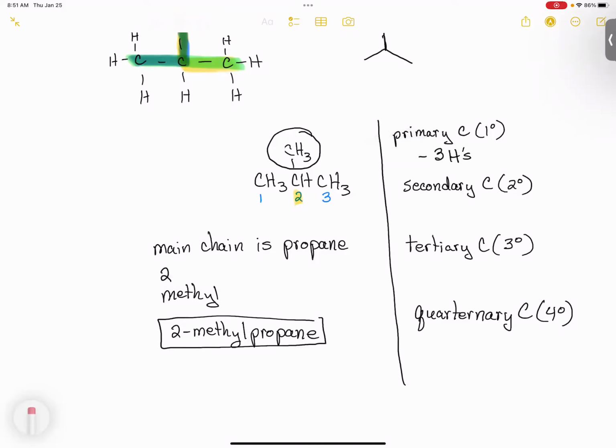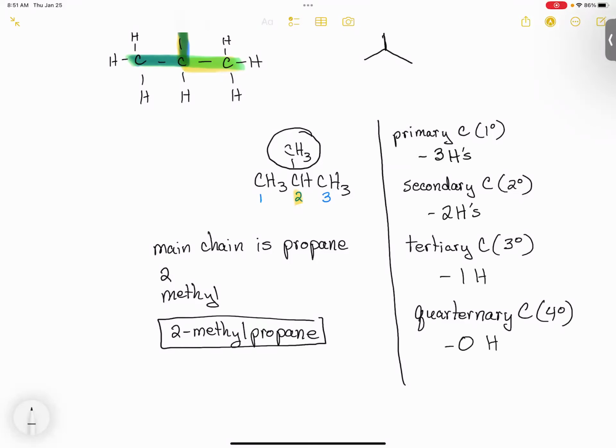A secondary carbon will have 2 hydrogens. A tertiary carbon will have 1 hydrogen. And a quaternary carbon will have 0 hydrogens.